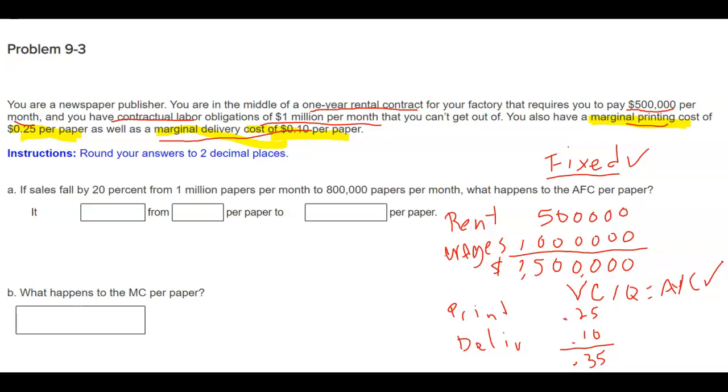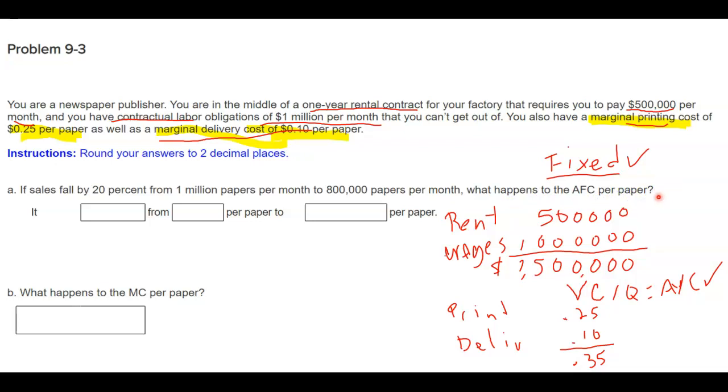So the question says, if sales fall by 20% from 1 million papers per month to 800,000 papers per month, what happens to the average fixed cost per paper?